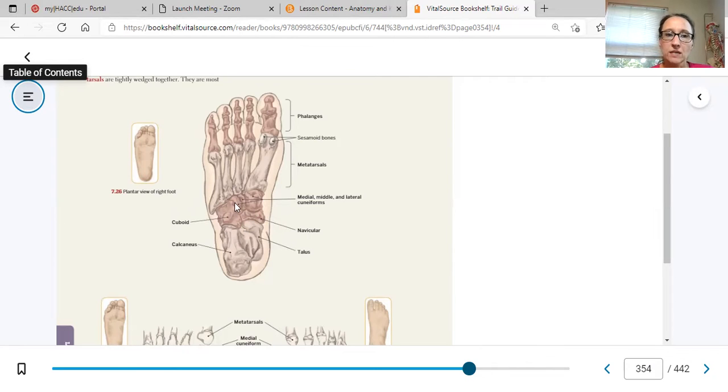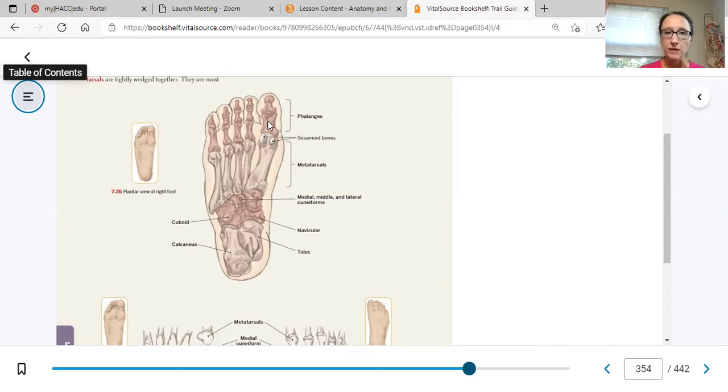Okay, so all of these over here are the tarsals. These are the metatarsals, 1, 2, 3, 4, and 5. On the distal end of the first metatarsal, you have 2 cute little sesamoid bones. They are actually embedded in tendons that move the great toe, okay?